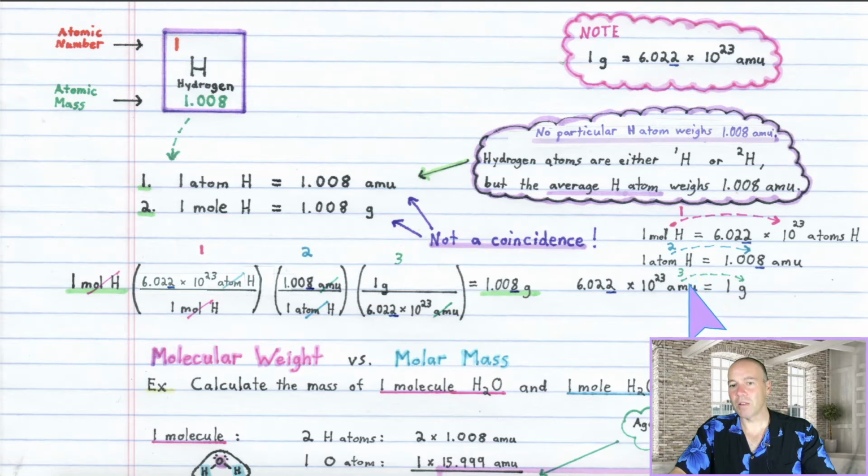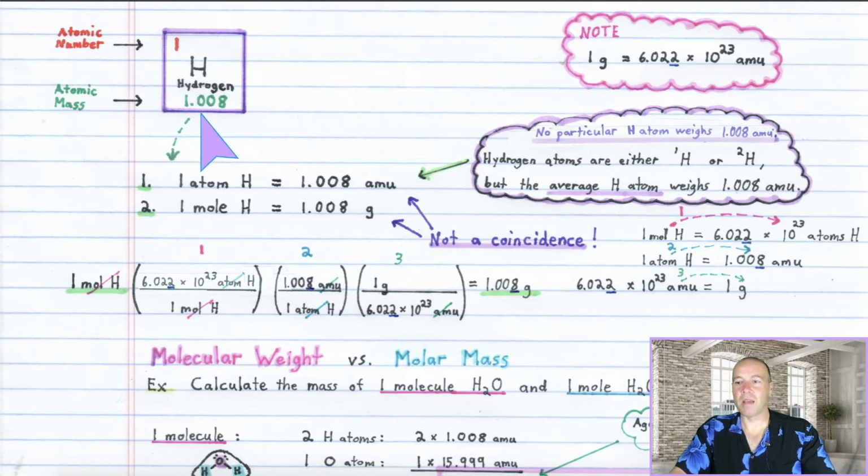And the third relation gets us from atomic mass units to grams, and the atomic mass units cancel, and we're left with units of grams. So you see, we've converted from moles to grams, and doing the calculation, you see that it involves a bunch of ones, and also Avogadro's number actually cancels off, and you're left with simply 1.008 grams.